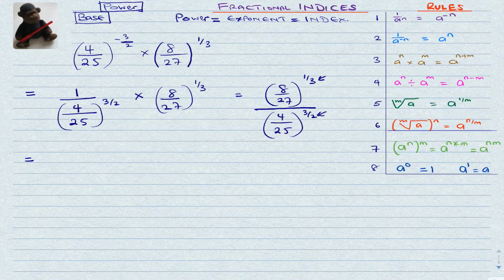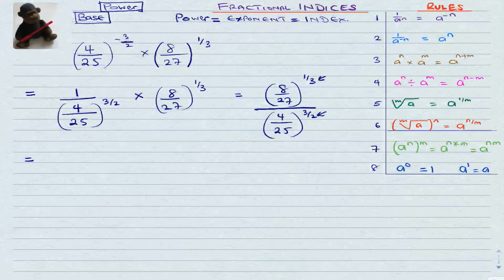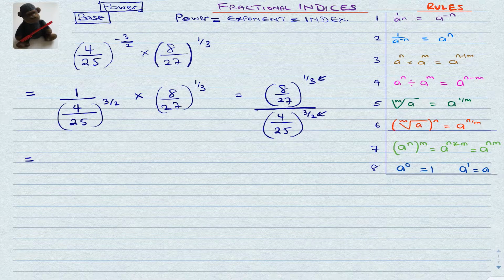So for the numerator, we do 2 to the power of 3 over 3 to the power of 3, and the bracket is to the power 1/3.